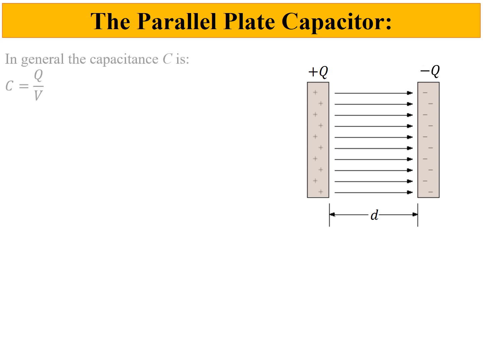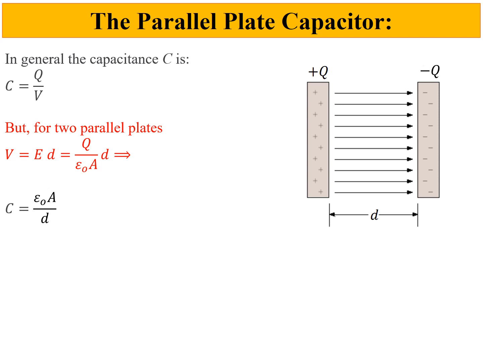If I ask you what are the factors that determine the capacitance, you start with the general formula for the capacitance, C equals Q over V, but as you know, V for a uniform electric field is related to the field by E D, and since E between the two plates is Q over epsilon naught A, you will get that C is epsilon naught A over D. From this formula you see that C depends on two factors.